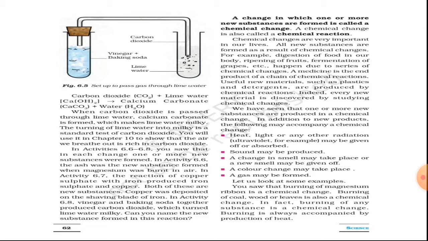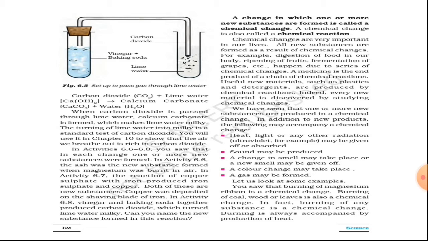Sometimes heat can be absorbed or given out, sound is also produced, and sometimes color change and a particular smell formation also take place during these chemical changes. The explosion of a firework indicates the formation of heat, light and sound, and also unpleasant gases due to the chemical reaction.